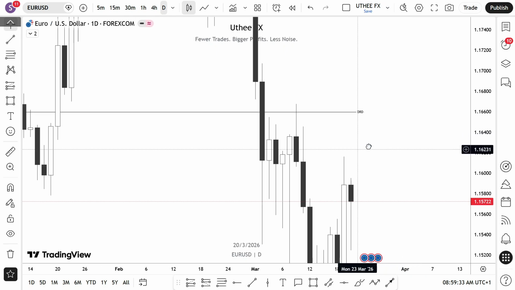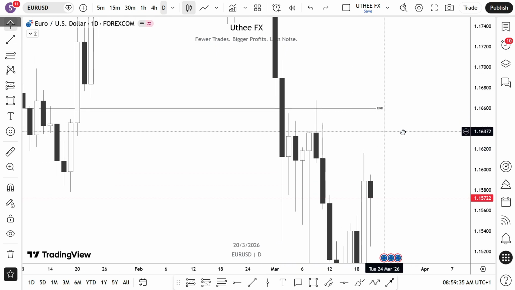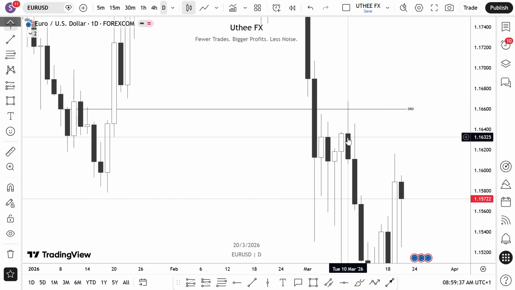Now two different things dey here. Wetin I mean now be say, see this day now, na 10th of March, Tuesday. That same Tuesday, market open here, e go up, e go hit this open close key level, e come back, e hit here, e come back, e close. You dey see am. Where e go hit, either you look am as here or you look am as here.